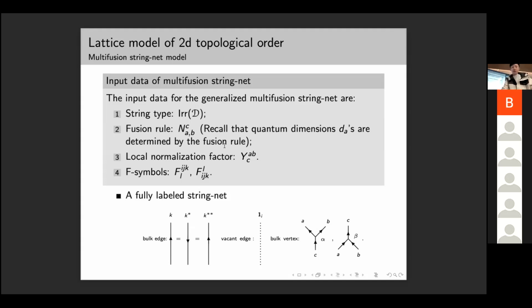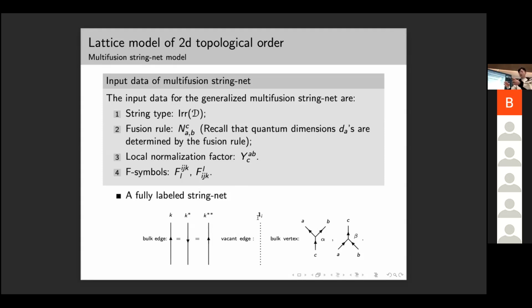A fully labeled string is just like this. For each edge we have a direction, and we can reverse this direction by just taking the dual of the original labeled object. And for the vacant edge, we just introduce this tensor unit, and I just label the component of this tensor unit. We know that for a given tensor unit, if we try to fuse this tensor unit with another object, this object must be in some given component of the multi-fusion category.